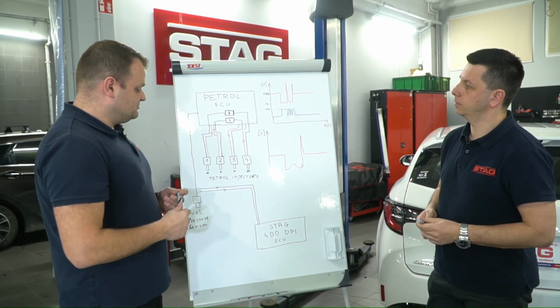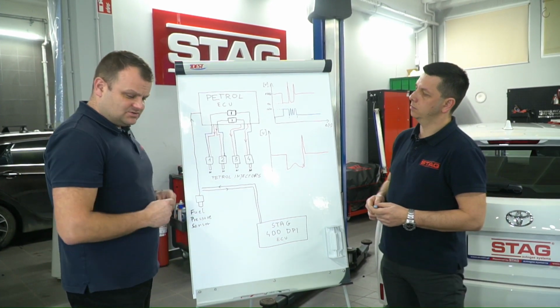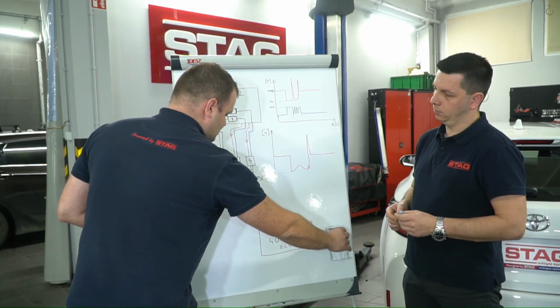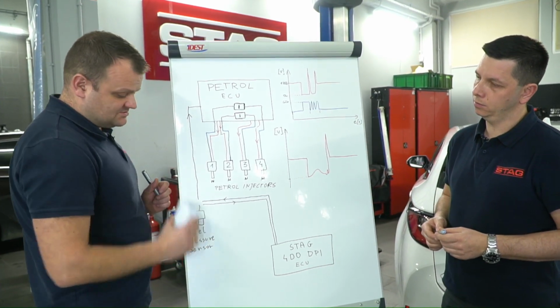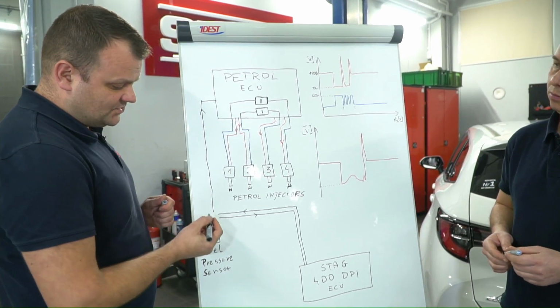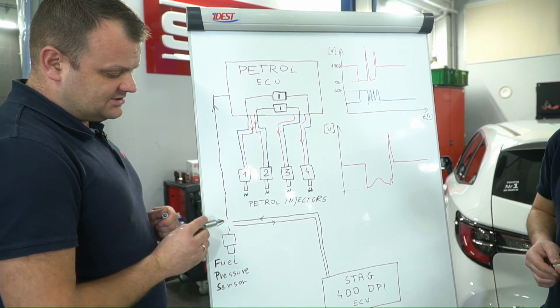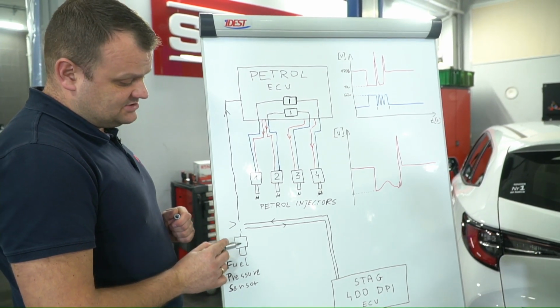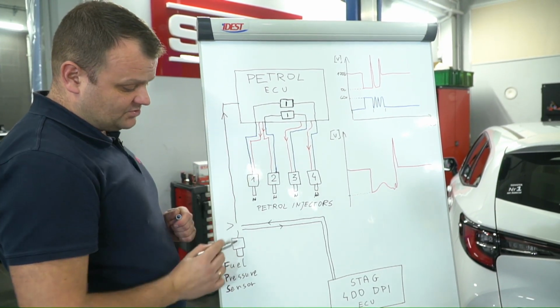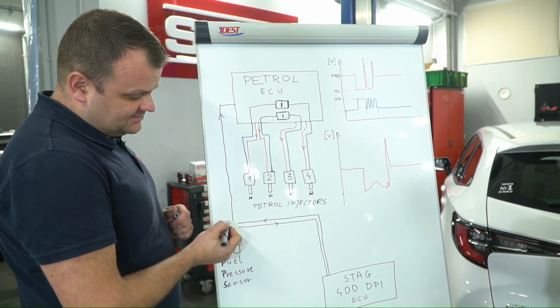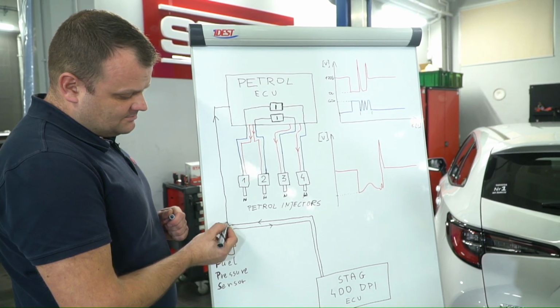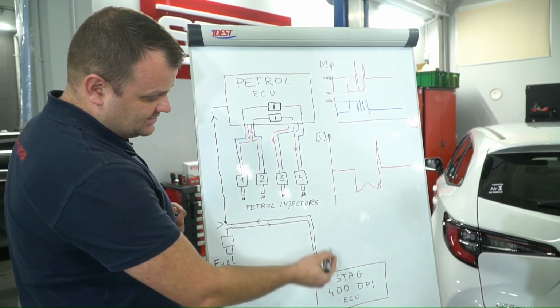And the next step is to inform you that it's not only information, it's an emulation. What does it mean? It means that we need to cut the signal. This signal goes to the petrol ECU from the fuel pressure sensor. We need to emulate it. It means that we need to cut it, then connect two wires from the Stag ECU.